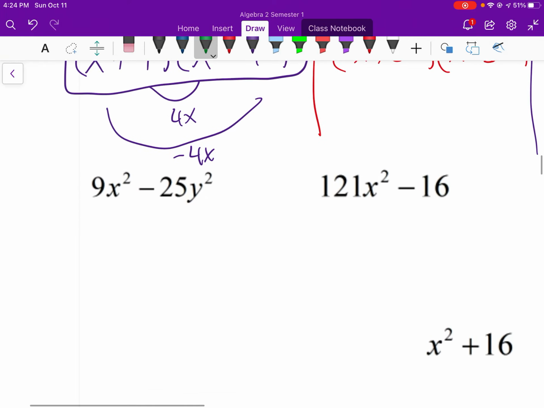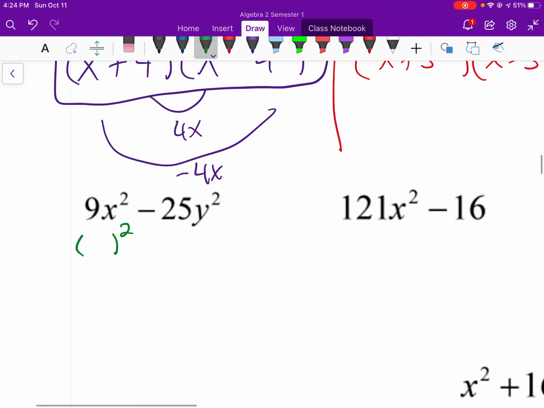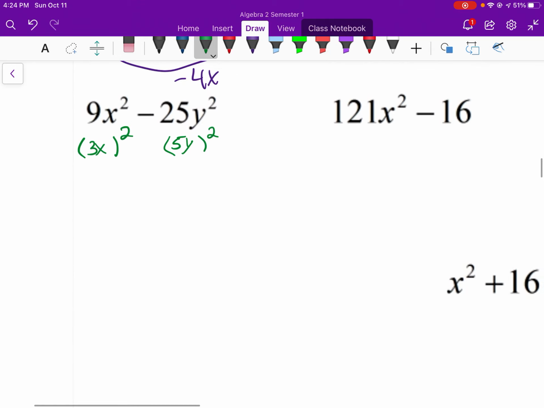So, when I go to 9x squared minus 25y squared, what am I squaring to get 9x squared? 3x. 3 squared is 9, x squared is x squared. What am I squaring to get 25y squared? 5y. 5 squared, y squared. So when I actually factor this now, first term goes first, second term goes second, and then opposite signs.